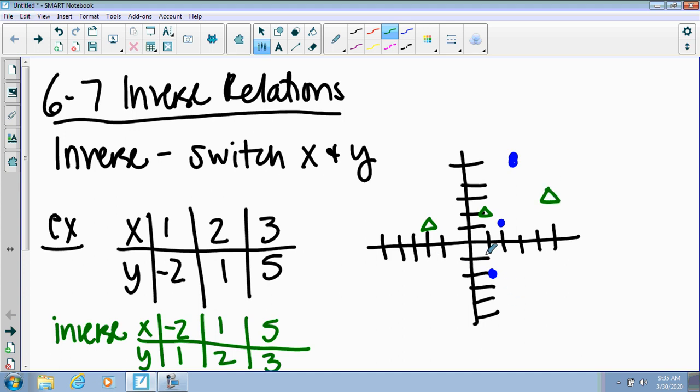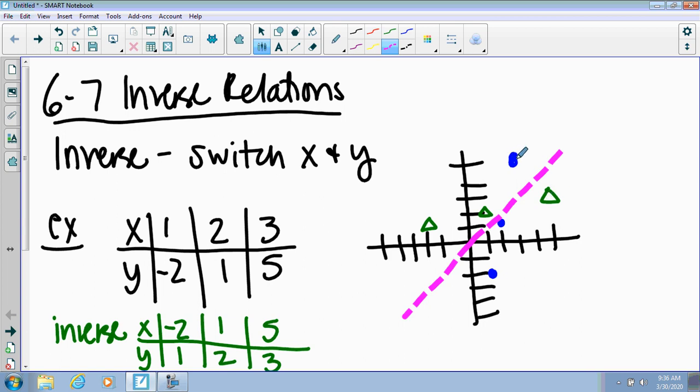Okay, so my original were the blue dots, my inverse, that's a green triangle. And what's neat about this is that if you draw a line on this diagonal here, mine's not going to be perfectly to scale, your dots will line up if you folded your graph along that line.